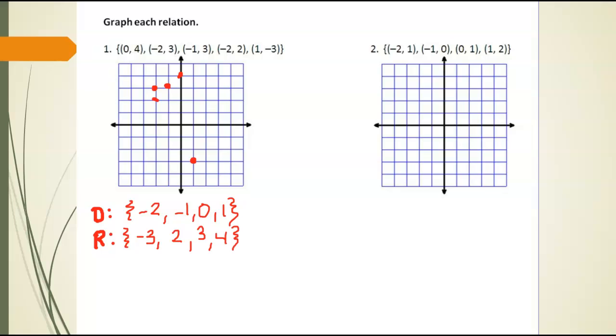And when I look at these points, I can't really connect them in a nice, smooth way. I even have 2 points that are in the same line. So this is a discrete relation.